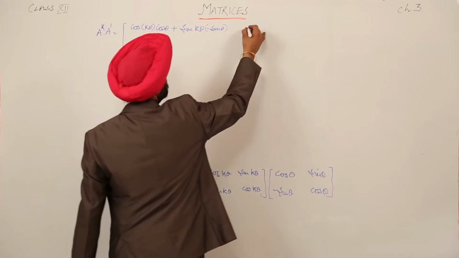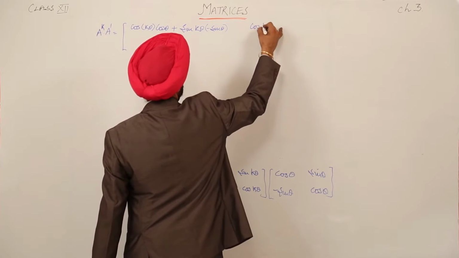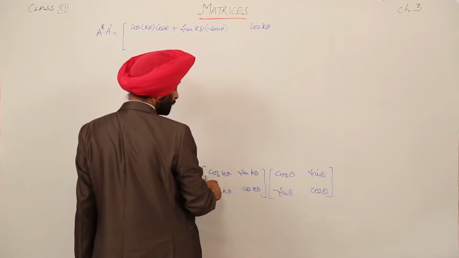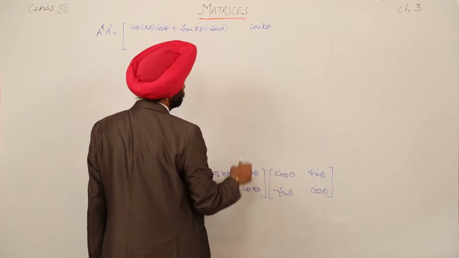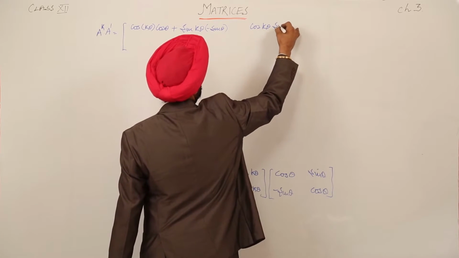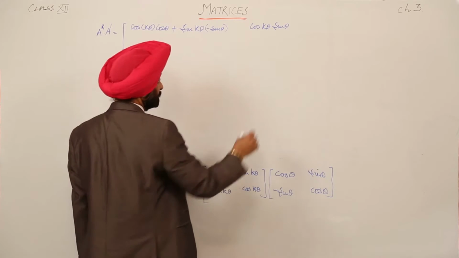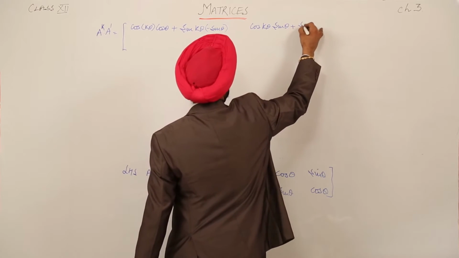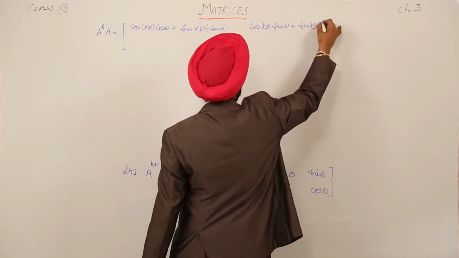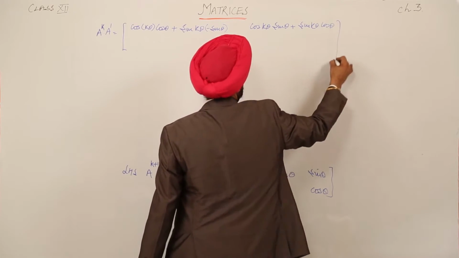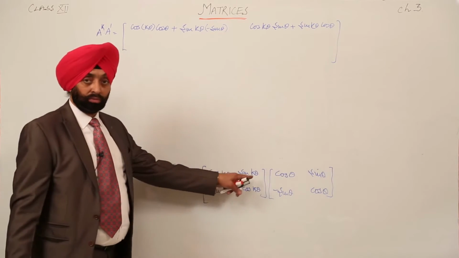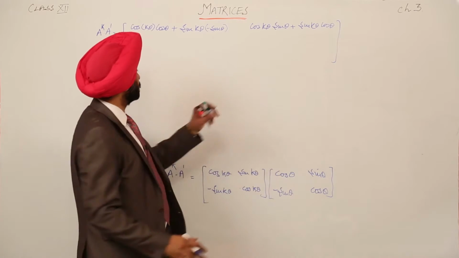Then cos k theta with sin theta plus sin k theta cos theta. First row, first column, first row, second column.